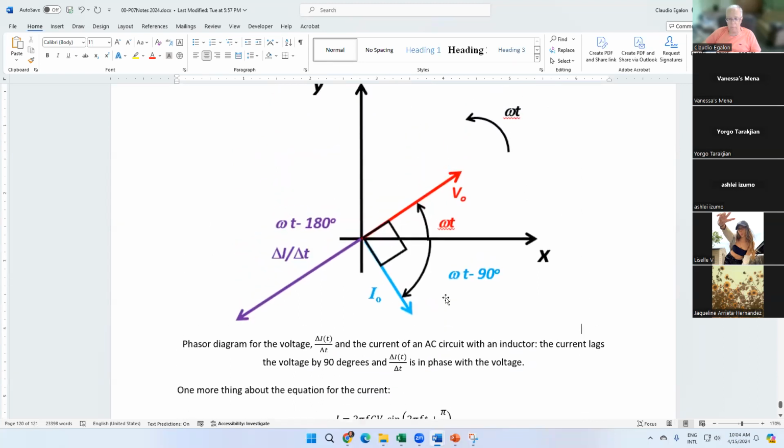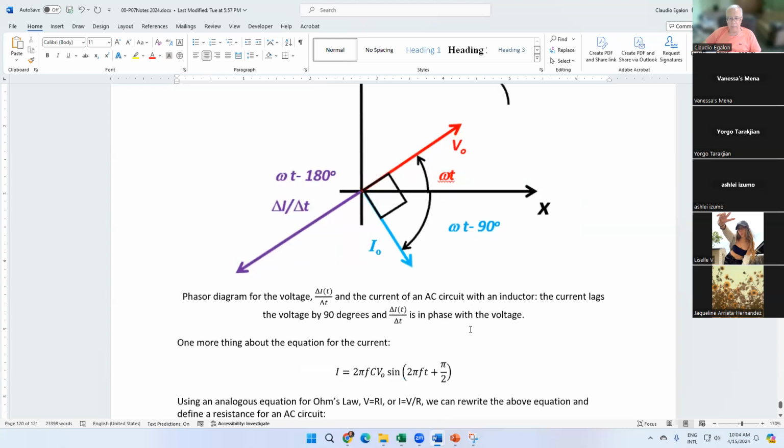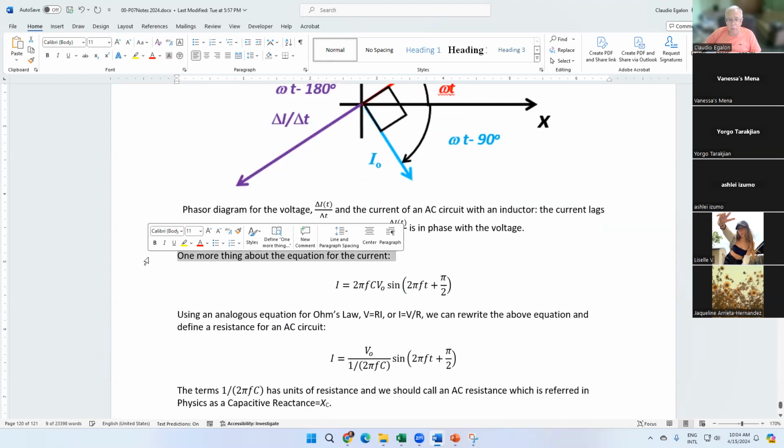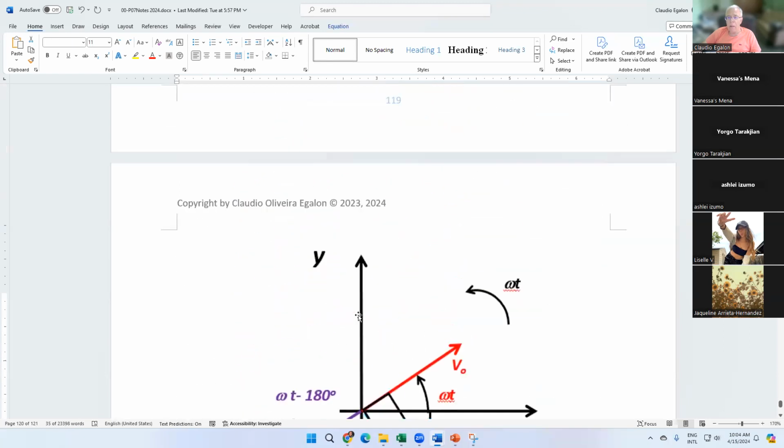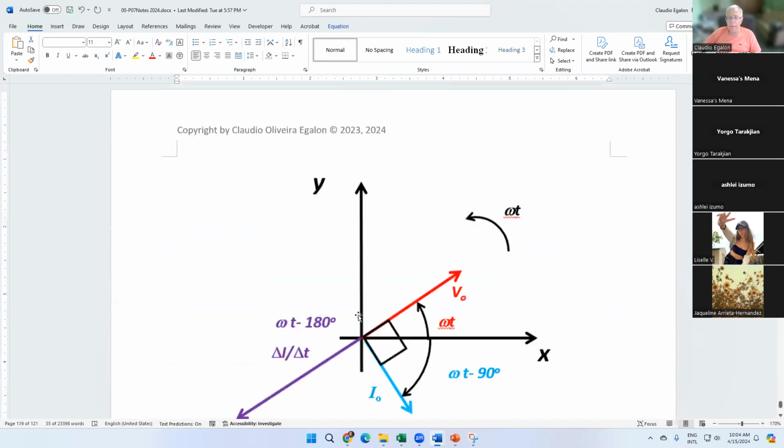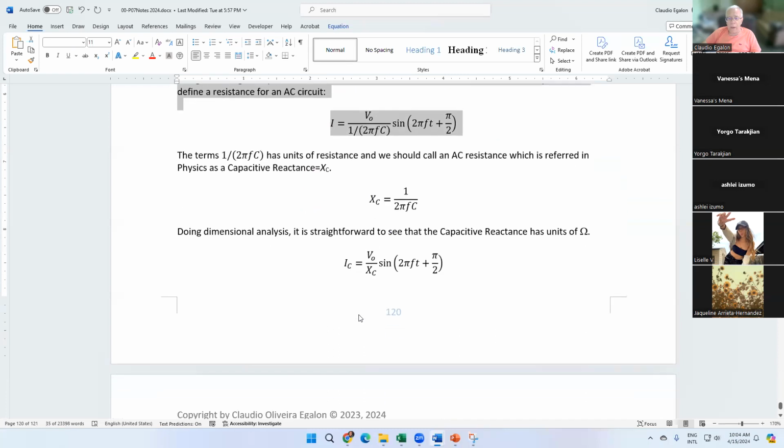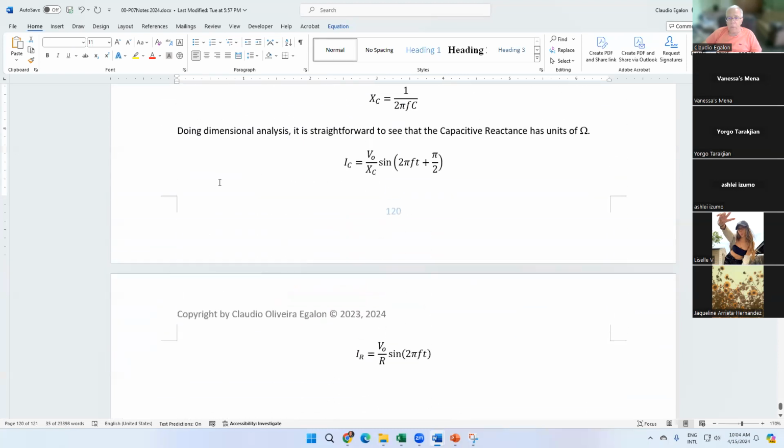Okay, and do I need more than that? Lags the voltage, 90 degrees here, delta I over delta T, and I don't need that anymore, right? Because I already did all of that. What else do I need to?